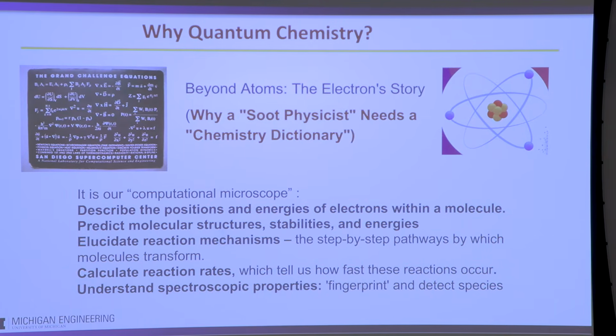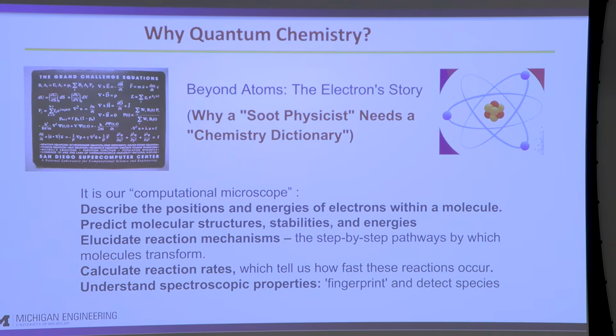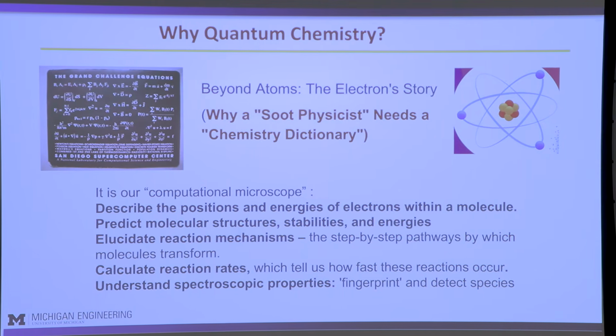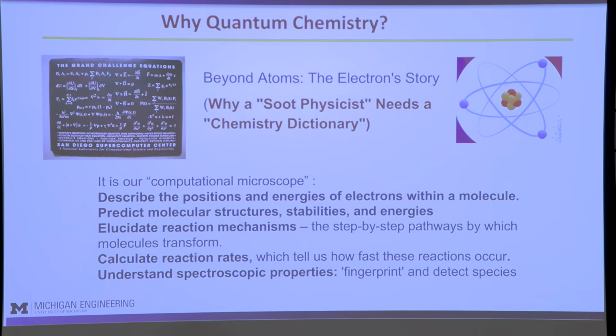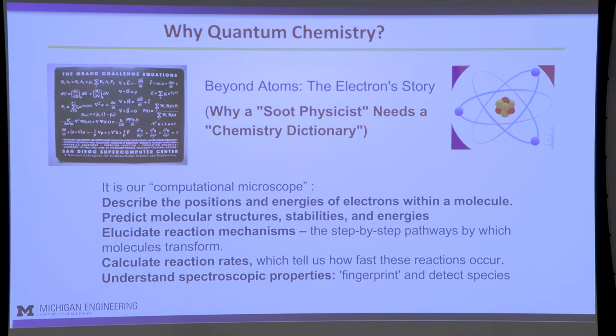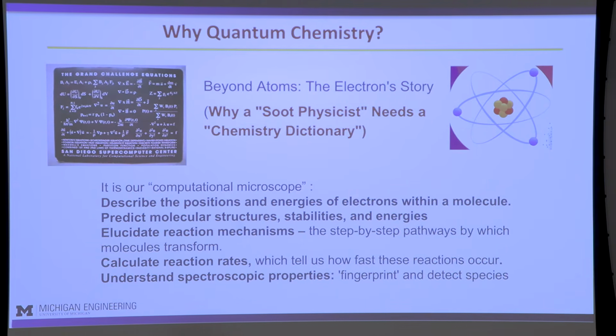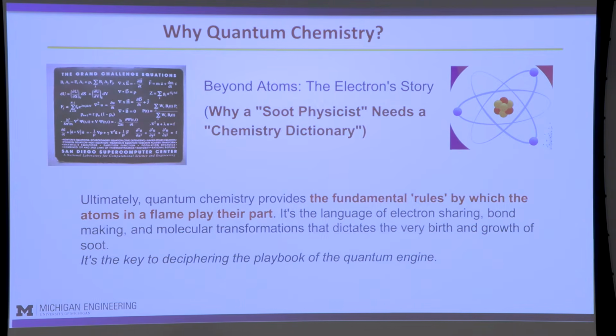With quantum chemistry you produce a spectrum of pyrene, then you compare this computed spectrum with the experimental spectrum, and then you can assess if those are the species that are inside.